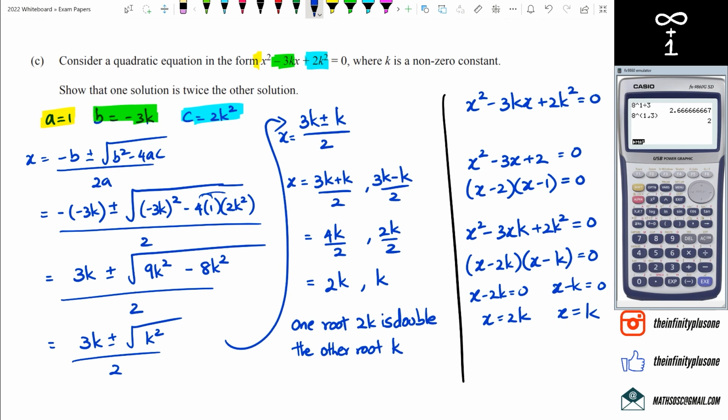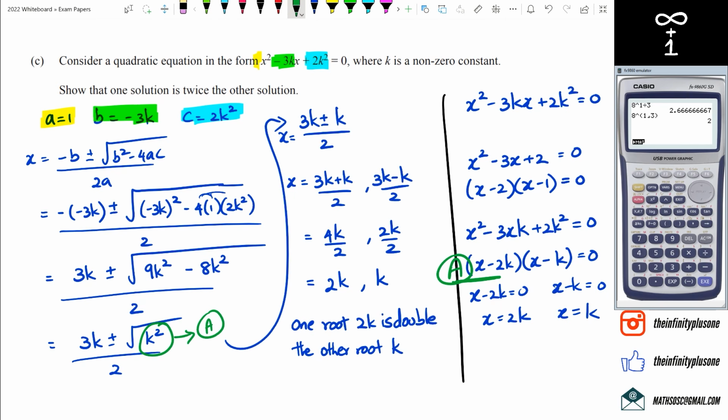And as you guys can see, both methods that you choose, you're actually going to end up with the same answers. So achieved for this question, if you factorize the equation, so let's say you got up to here, you can actually get an achieved. Or if you could get an achieved for getting this k squared value as the discriminant in that quadratic equation.